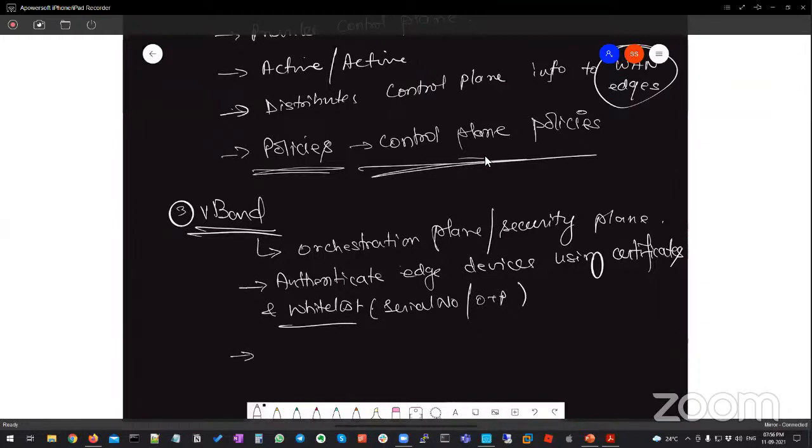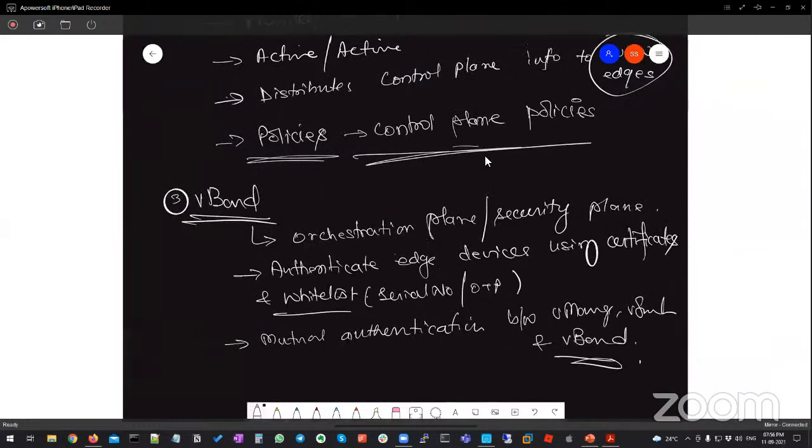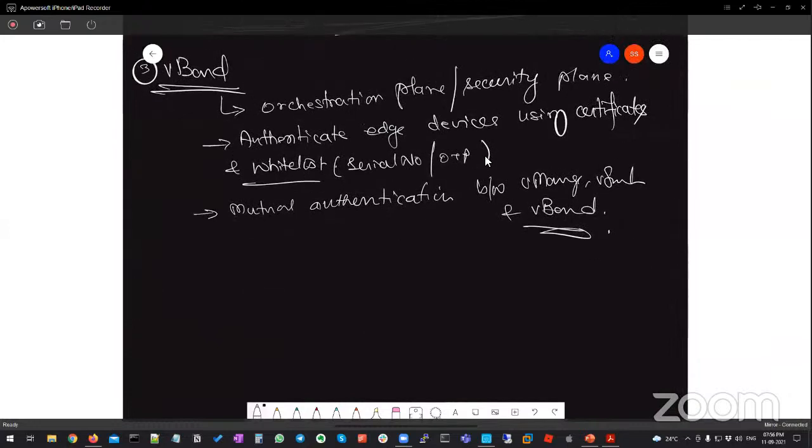It also provides mutual authentication between your vManage, vSmart, and vBond. So it does the authentication between your controllers as well. There is one requirement for the vBond, which is that it has to be publicly reachable.